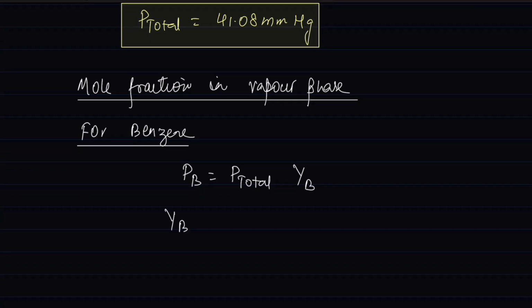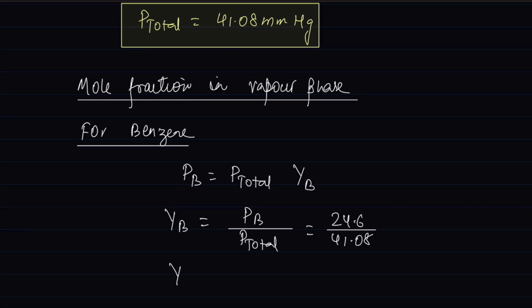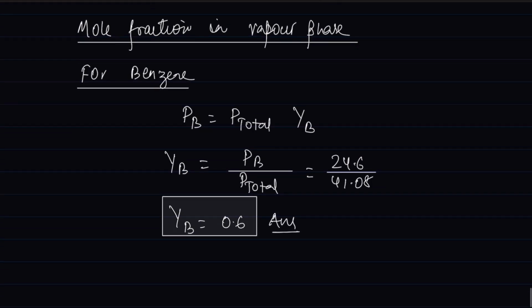So mole fraction of benzene is equal to PB by P total. PB is equal to 24.6 and P total is 41.08. So mole fraction of benzene is equal to 0.6. This is the answer of this question. If we have to find the mole fraction of toluene, we subtract from 1 and we get 0.4.